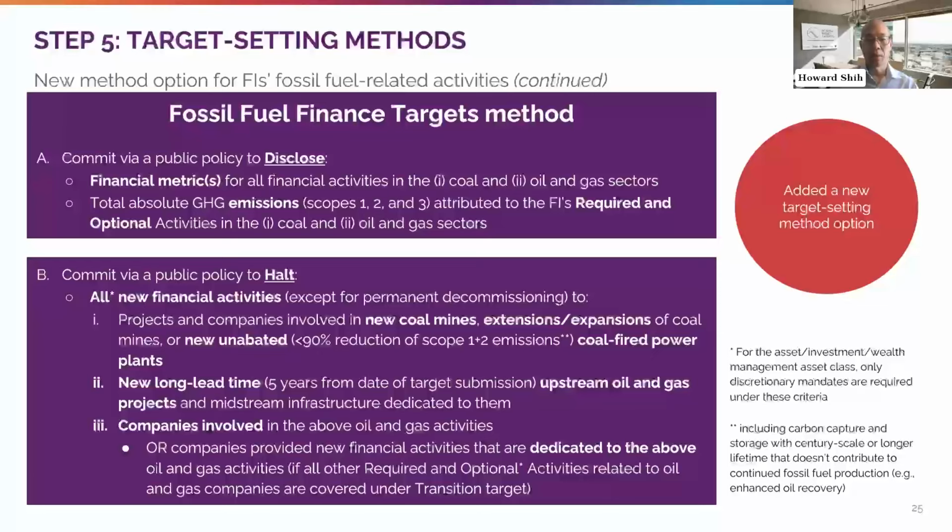They can commit to halt new financial activities provided to companies that are dedicated to the group number 2 oil and gas projects. But if they choose to use this option, their activities generally would still be covered in the transition target, which is on the next slide.